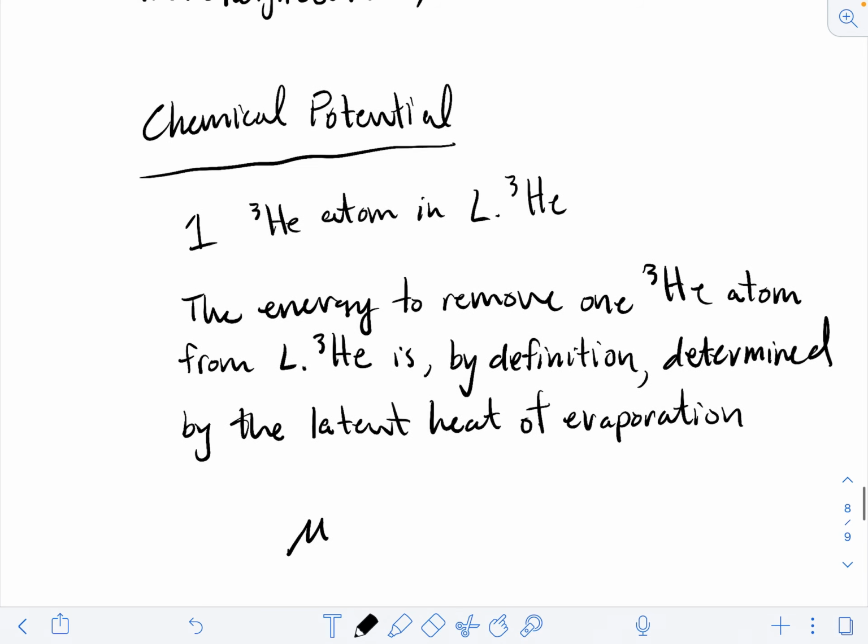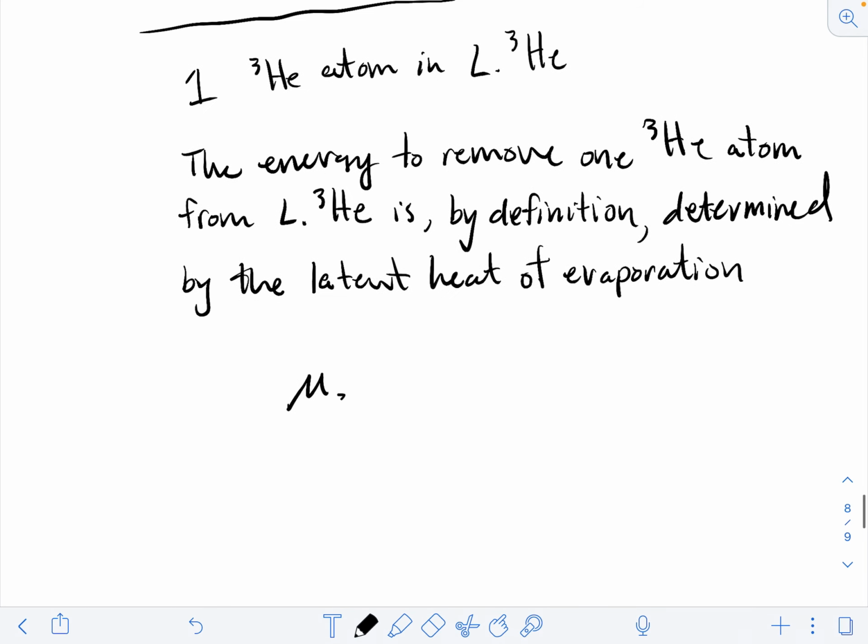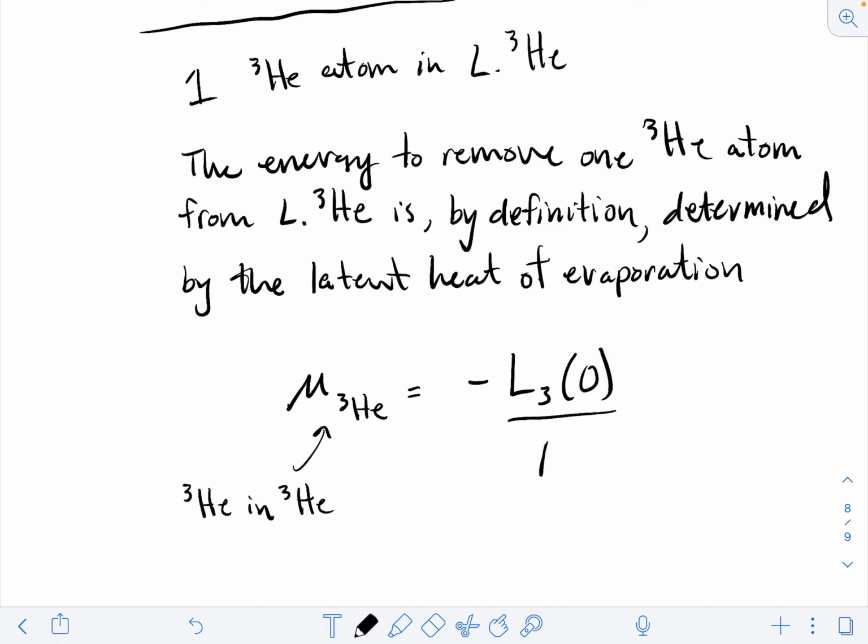Okay, so this chemical potential then, and so the notation here with the subscript helium-3 is the chemical potential for a helium-3 atom in liquid helium-3, is minus the following notation. So I'll define what I mean by this.